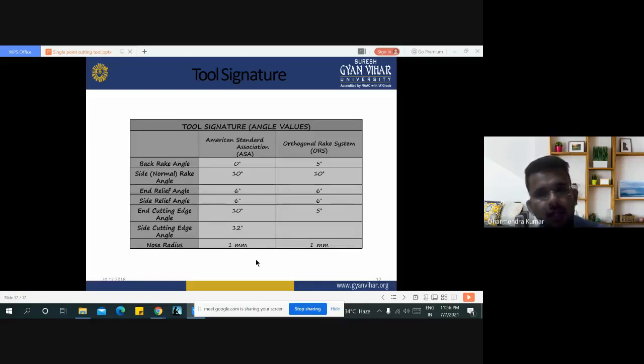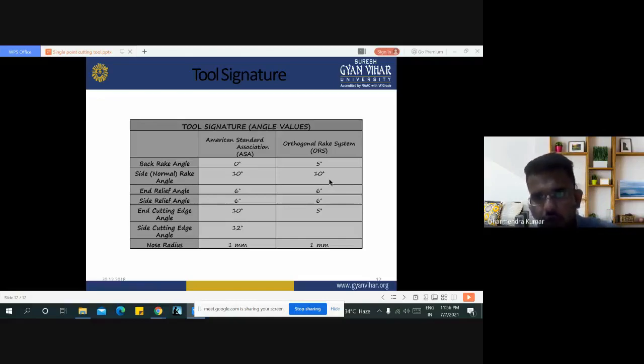On the other hand, in ORS values, or orthogonal rake system values, we generally consider these values for angles in a single point cutting tool: back rake angle up to 5 degree, side rake angle 10 degree, end relief angle 6 degree, side relief angle also 6 degree, and end cutting edge angle almost half the value compared to the ASA.